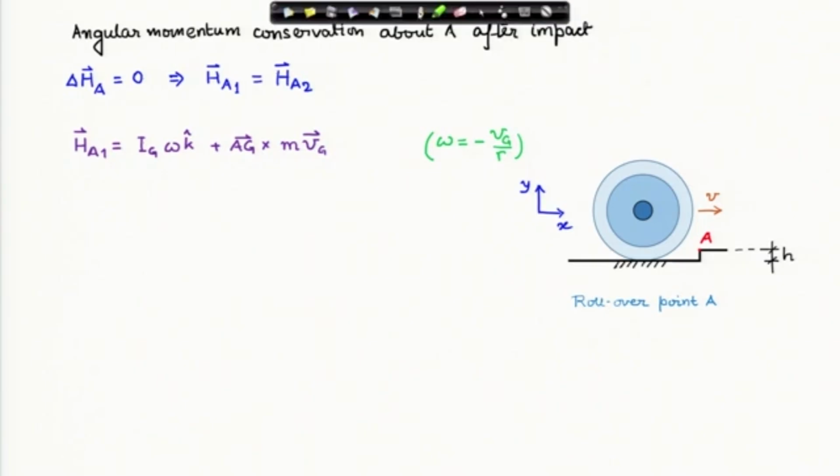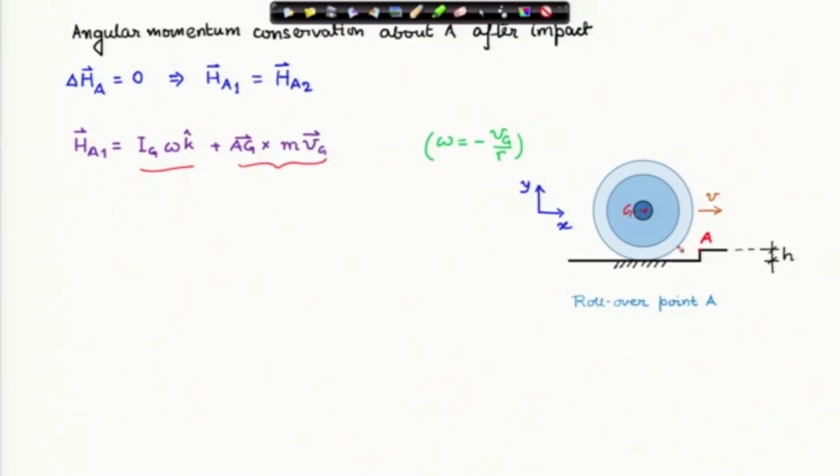Therefore, my angular momentum expression before impact has two contributions. The first one is because of the angular momentum of rotation about the center of mass, I G, moment of inertia about the center of mass, times the angular velocity of the wheel, plus this is because of the translation of center of mass. G is of course the center of mass.